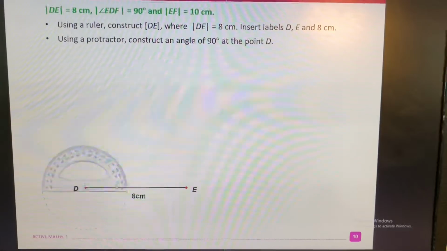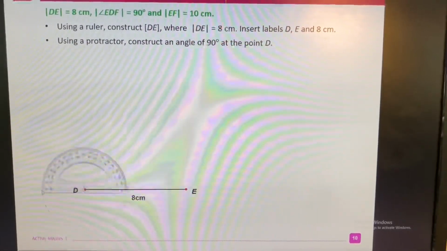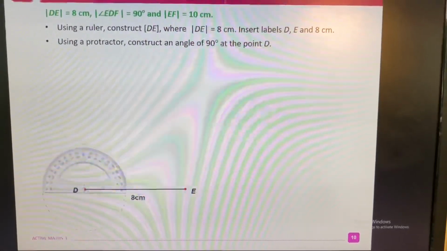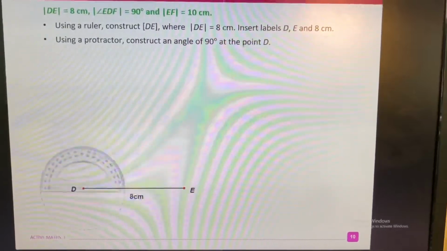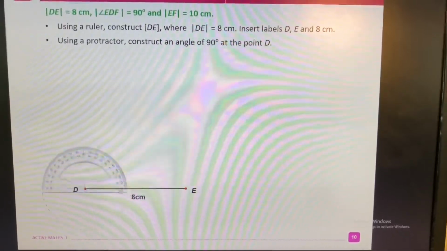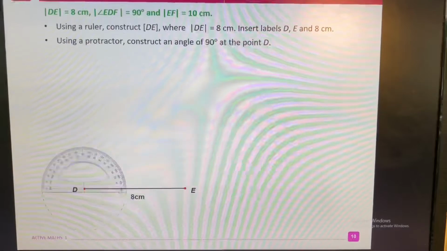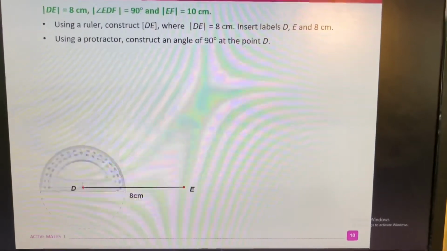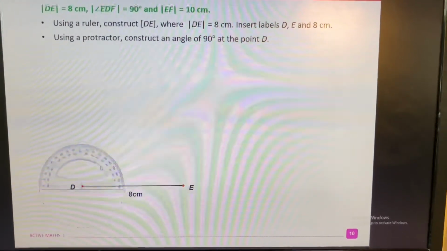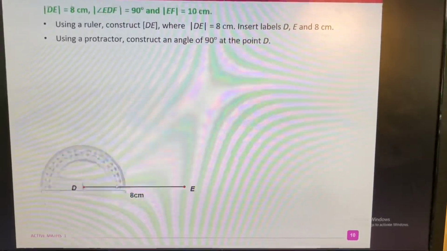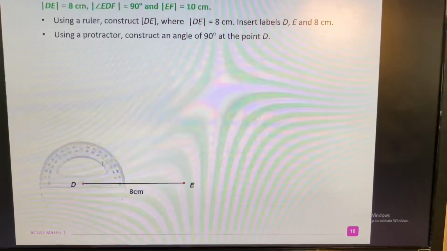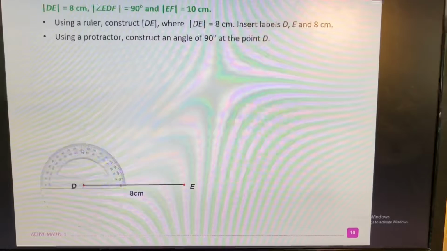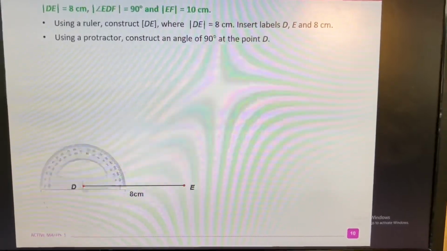Then you see which 0, whether it's the left hand side of the protractor or the right hand side, does the baseline of our triangle go through. And you can see it's going through the 0 on the right. And that's for the numbers in the inside scale. So we count up from 0 until we get to 90, which is directly above D.